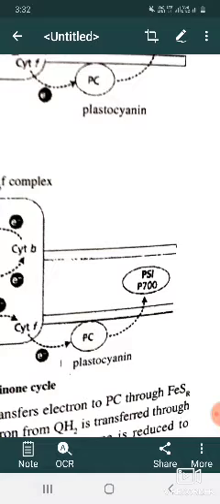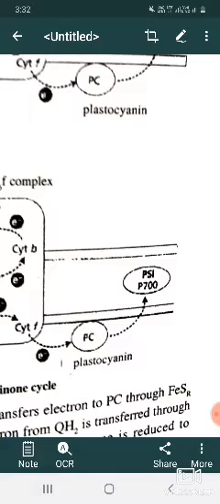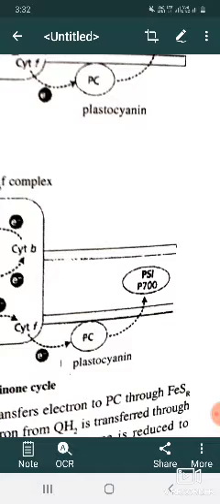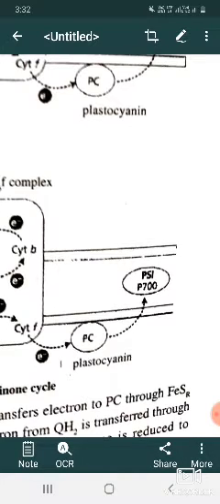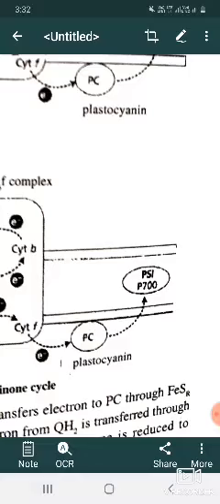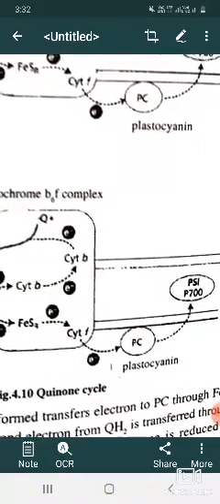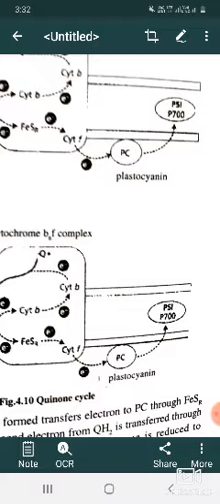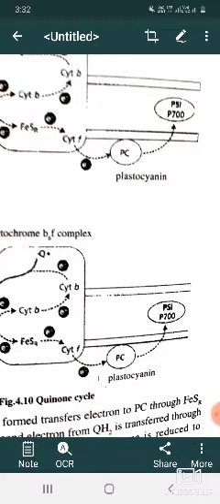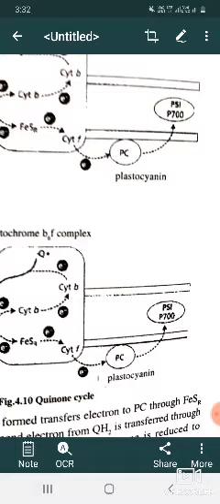However, PS2 develops a deficit of 2 electrons. With the help of the oxygen evolving complex, photolysis of water takes place, and two hydrogens are released into the lumen and two electrons are transferred to PS2, compensating its deficit.